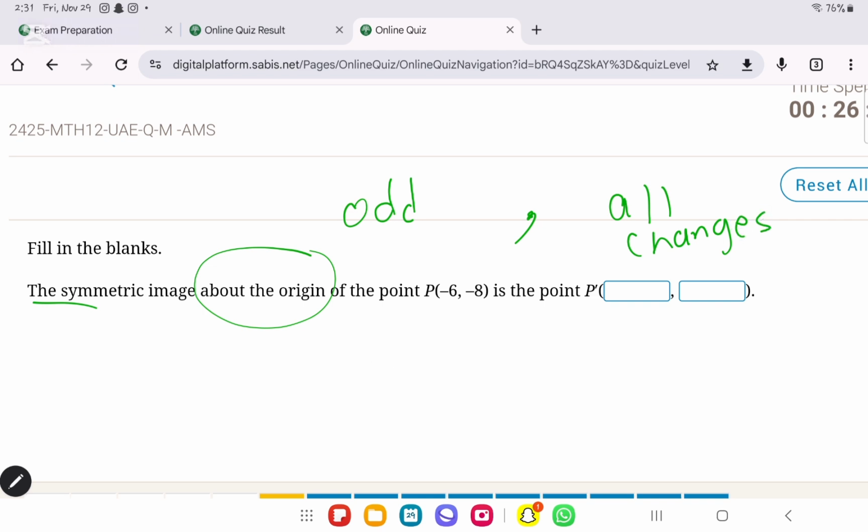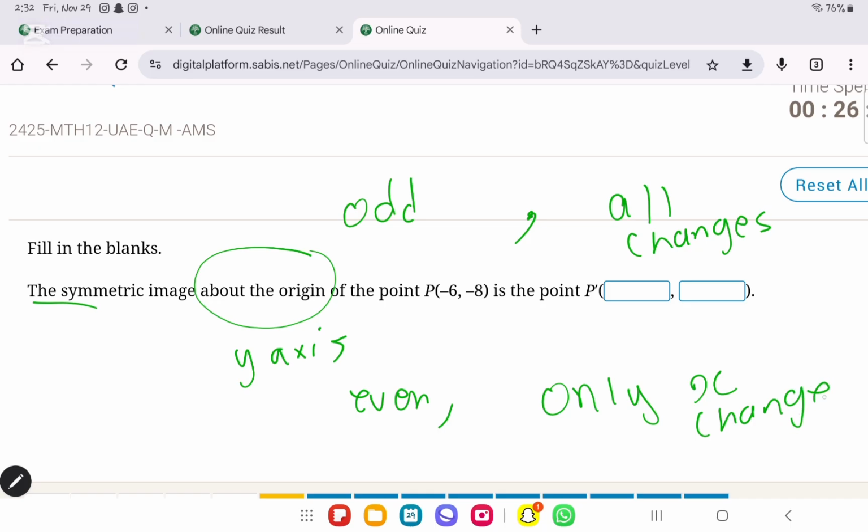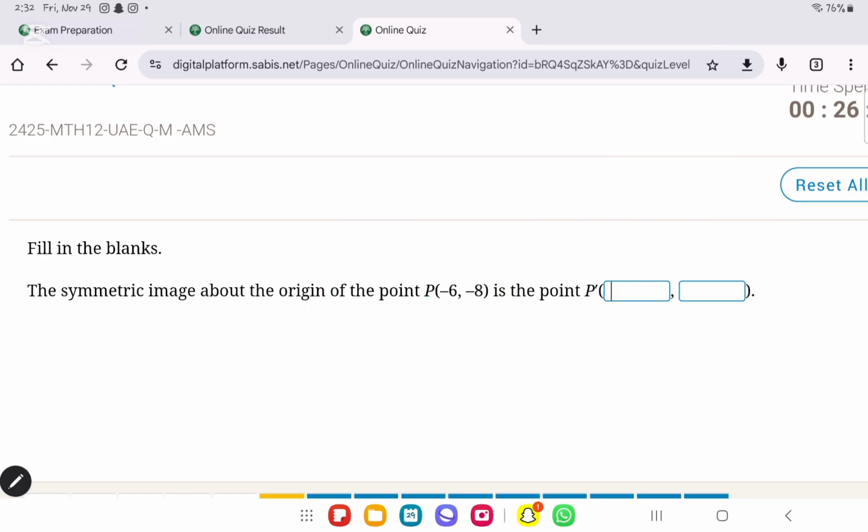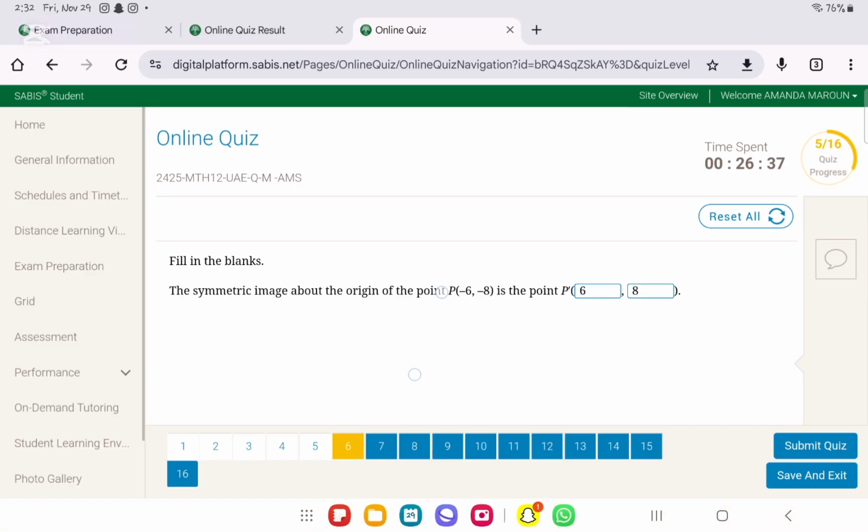However, if they are talking about symmetric about the y-axis, that means it's even, and in the even, only x changes. Since we are talking about the odd, everything changes. What do we mean by changes? That means only their sign changes. So it will stay in the same position, but only the sign is changing. So minus 6 becomes 6, and minus 8 becomes 8.